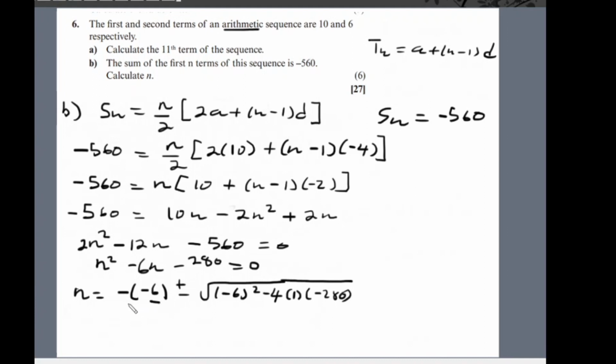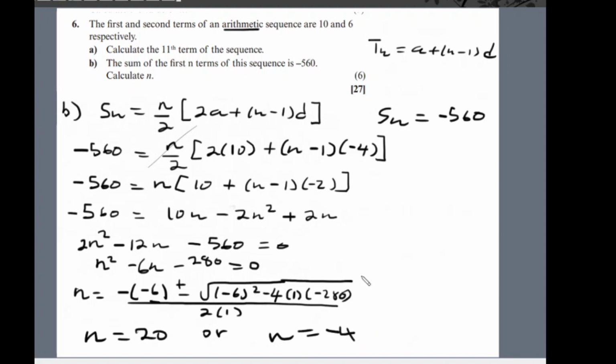Right, okay, so n is equals to, let me substitute in the calculator, 6 plus or minus. So I find that n is equals to 20, or n is equals to minus 14, right?